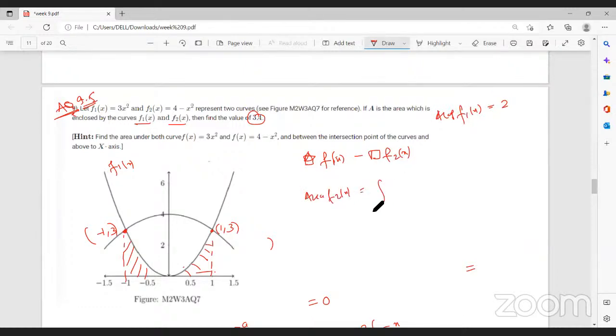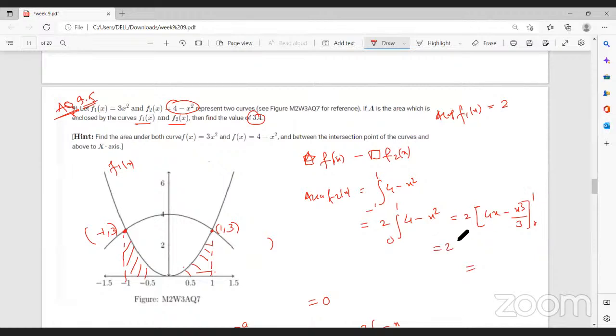It will be integral minus 1 to 1 of f2 of x, that is 4 minus x square. Now again check whether it is an even function or odd function. Even function, right? Because if you replace x by minus x, we get the same function. So I can write it as twice of integral 0 to 1 of 4 minus x square. So it will be twice of 4x minus x cubed by 3, from 0 to 1.